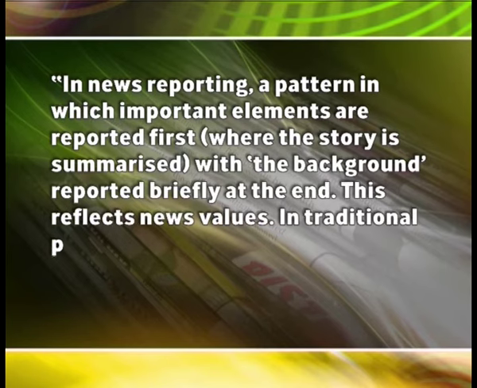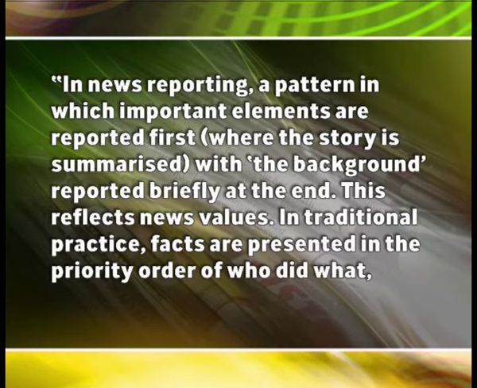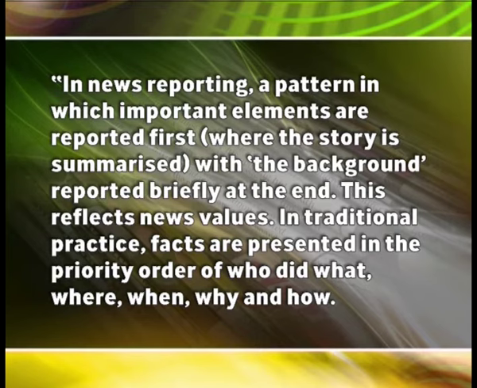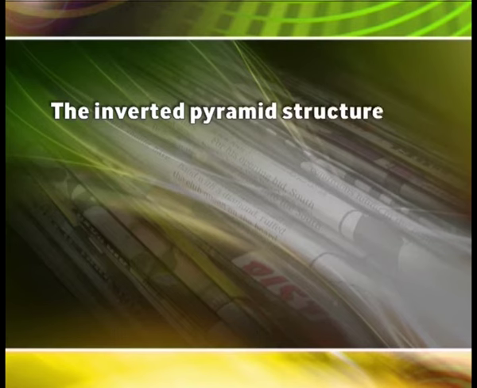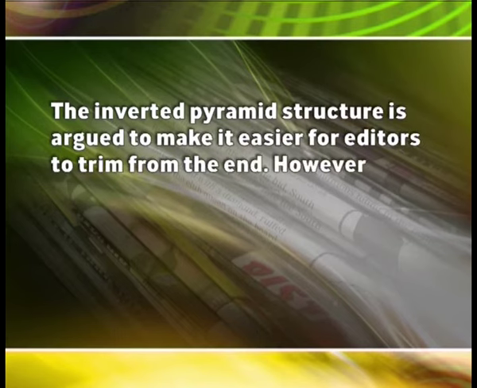This reflects news values. In traditional practice, facts are presented in the priority order of who did what, where, when, why, and how. The inverted pyramid structure is argued to make it easier for editors to trim from the end.